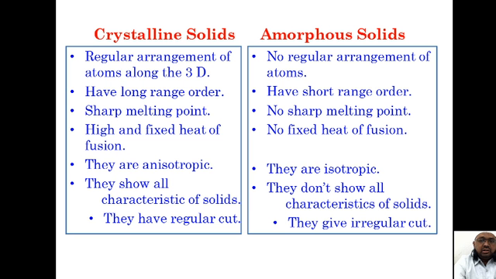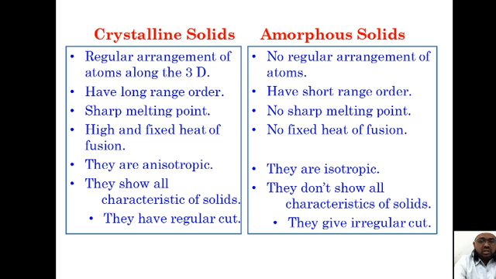In the case of amorphous solid, you don't find a regular or sequential arrangement of the atoms. The crystalline solids are considered to be long range order, and the amorphous solid comes under the category of short range order.